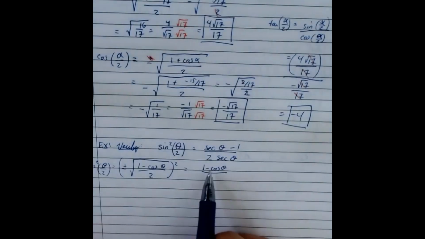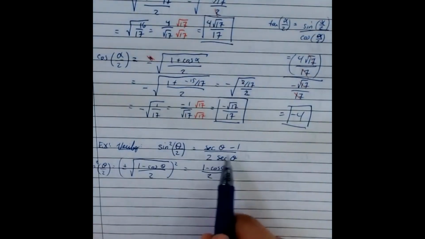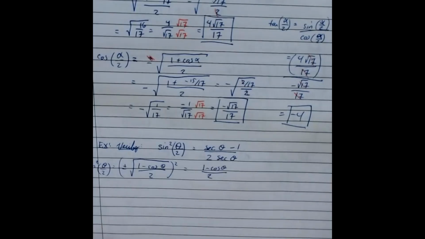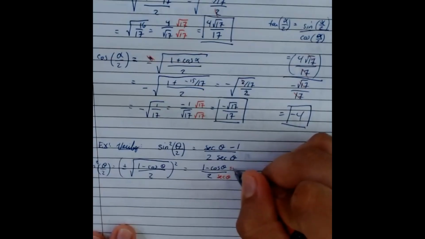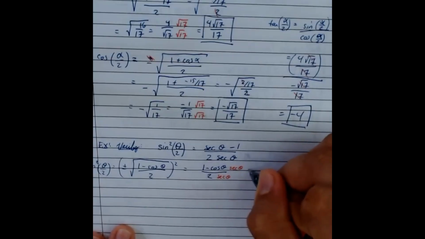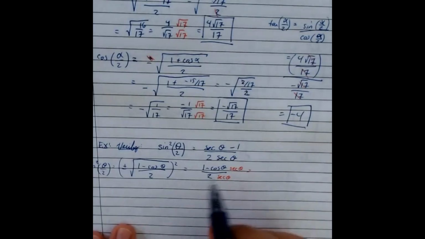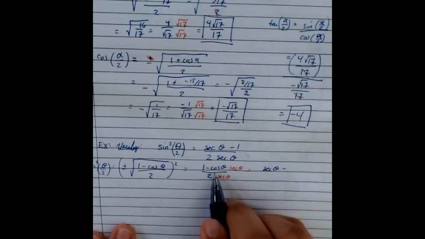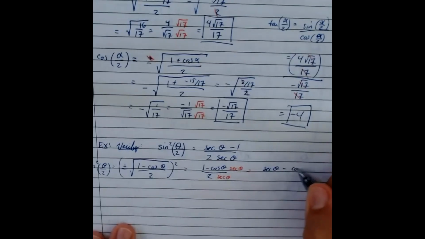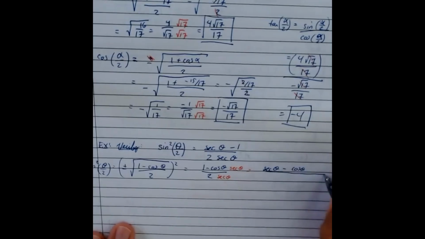I notice that I have a 2 in my denominator, but I don't have a secant of theta, which is one thing that I'm hoping to end up with. So let me do that. Let me multiply by secant of theta, but whatever I do on the bottom, I have to do on top. So here this will be 1 times secant of theta, which is secant of theta, minus cosine of theta times secant of theta.